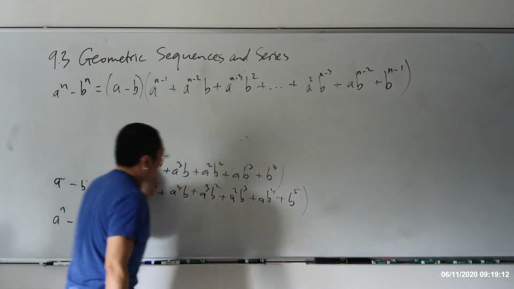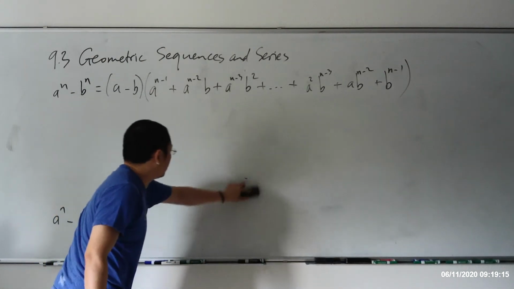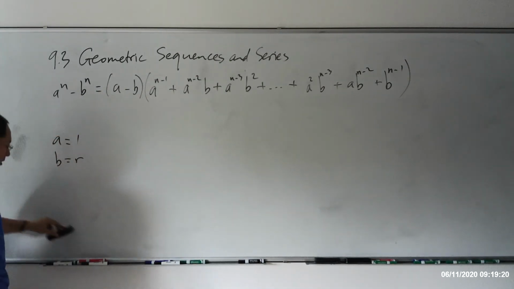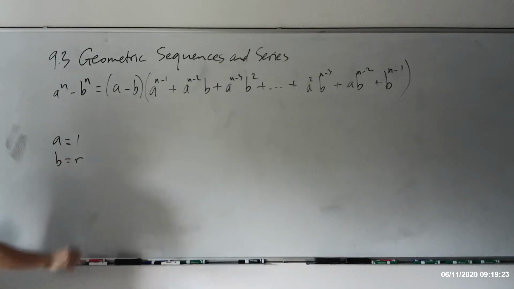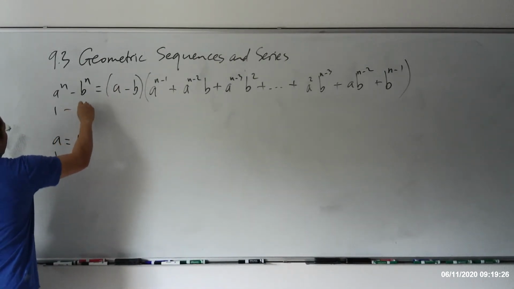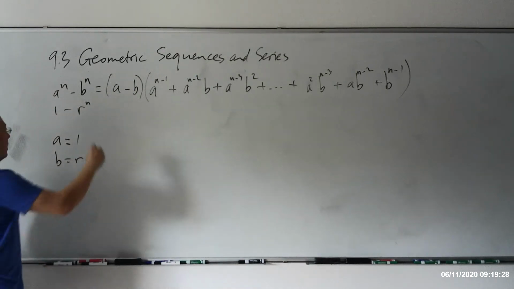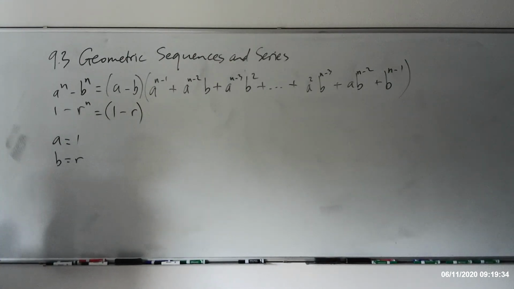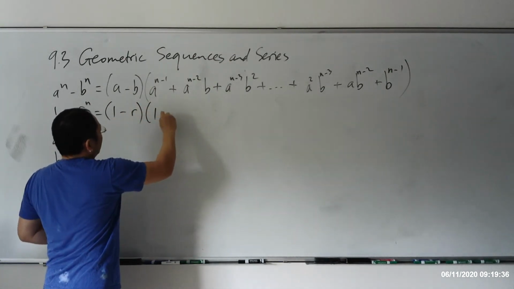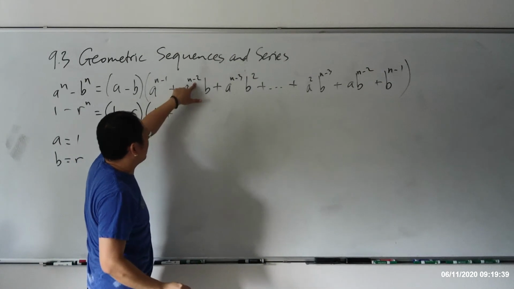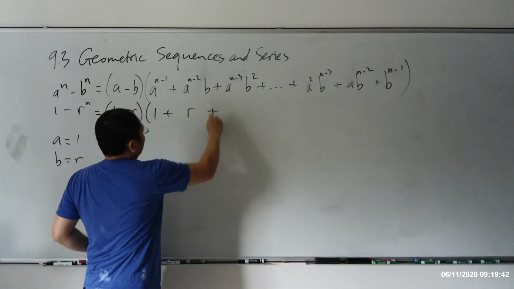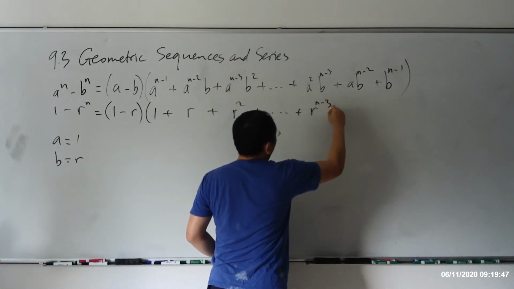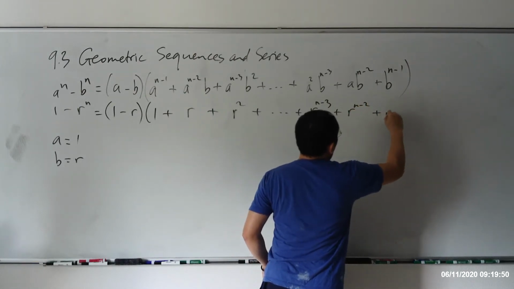What does it have to do with our formulas? Now, I want you to plug in a equal to 1 and b equal to r. The left-hand side is 1 minus r to the n, because 1 to the n is just 1. This is equal to 1 minus r times, since a is 1 and b is r, 1 plus r plus r squared, and so on, since 1 raised to any exponent is still 1, up to r to the n minus 3, r to the n minus 2, r to the n minus 1.